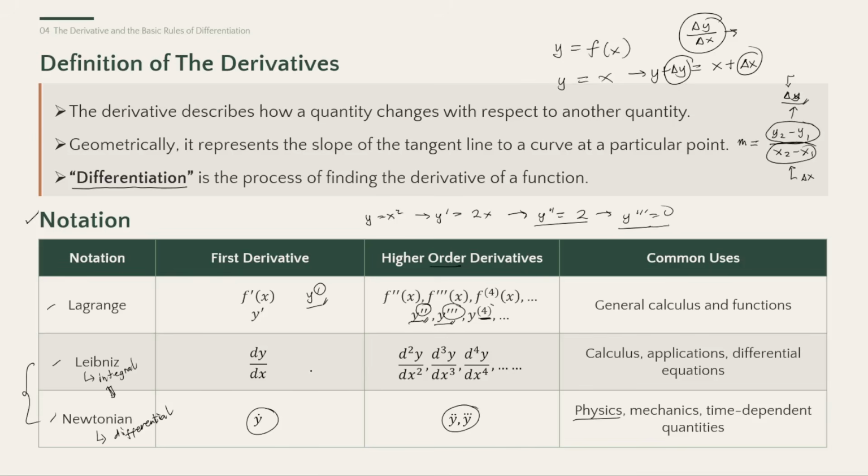The next type of notation in differential calculus is the Leibniz notation, and it uses dy/dx. In this case, the change in y and change in x are clearly represented as a ratio. For the higher order derivatives, we have d squared y over dx squared.